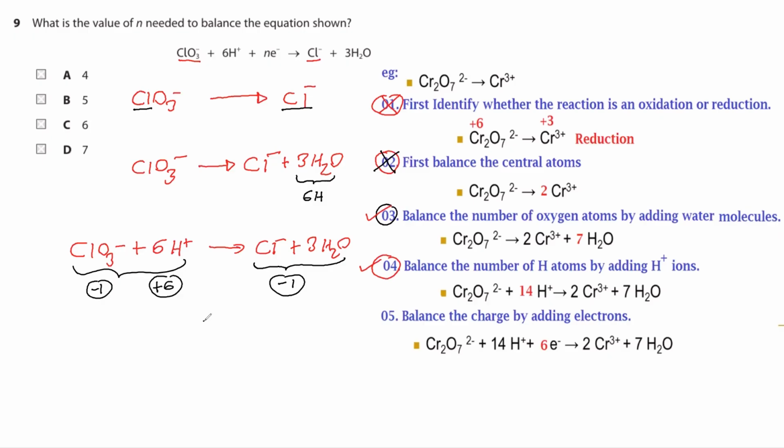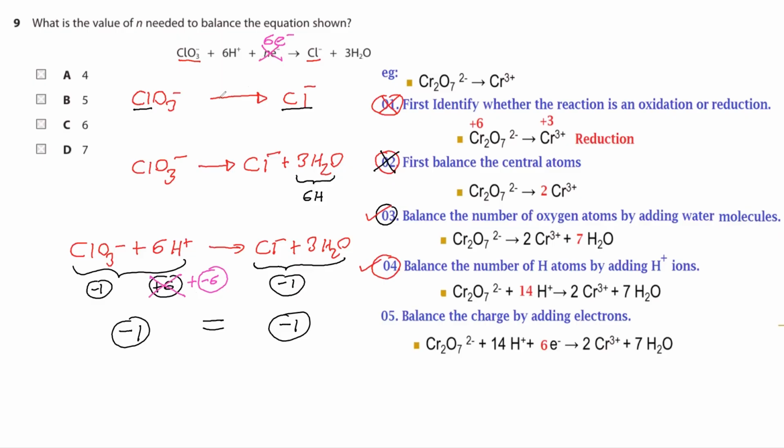The minus 1s are already on both sides. The problem is only the plus 6, so if I remove this plus 6, the charges will be balanced. How to remove plus 6? The best way is to add minus 6. Electron is minus 1, so if you add 6 electrons here, the charges will be balanced.